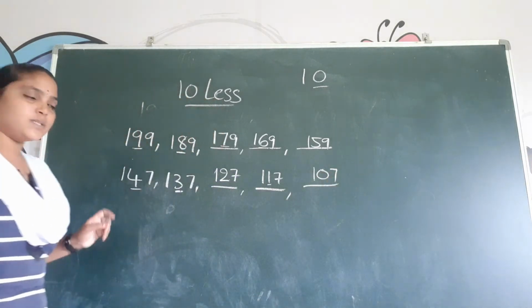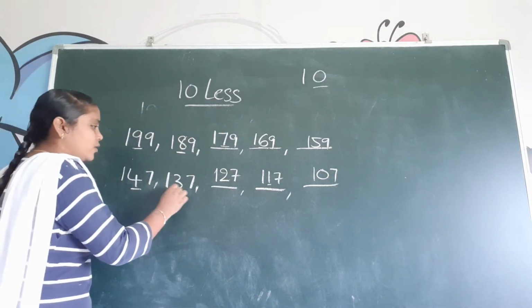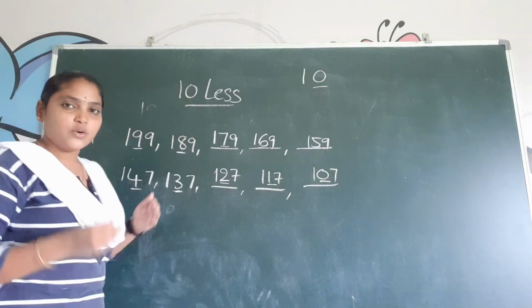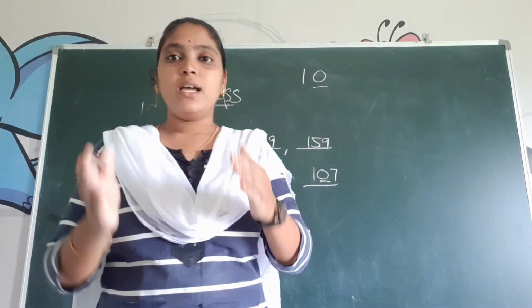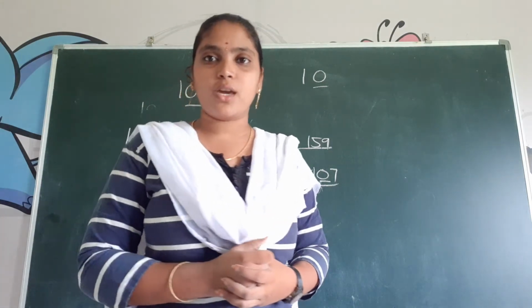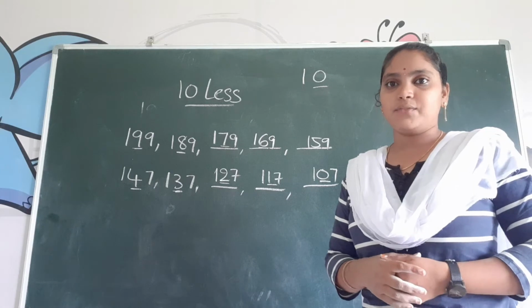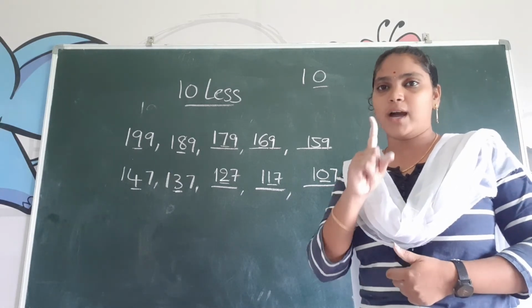Okay, check the tens place: 4, 3, 2, 1, 0. Only the tens place becomes 1 less, children. While finding 10 less numbers, the digit in the tens place becomes 1 less.